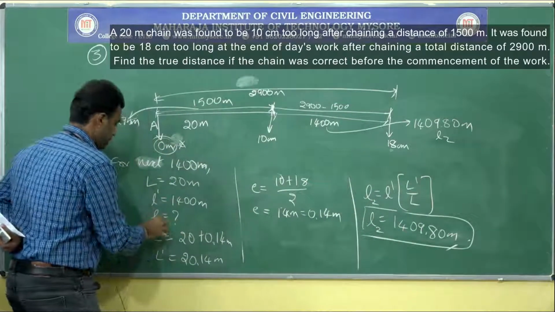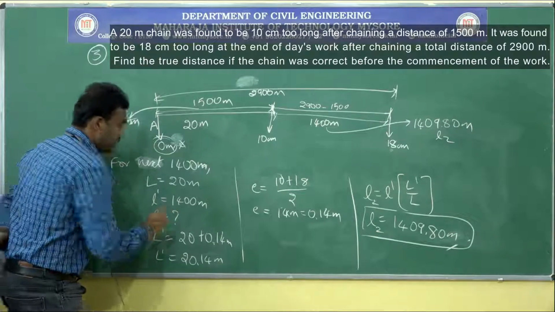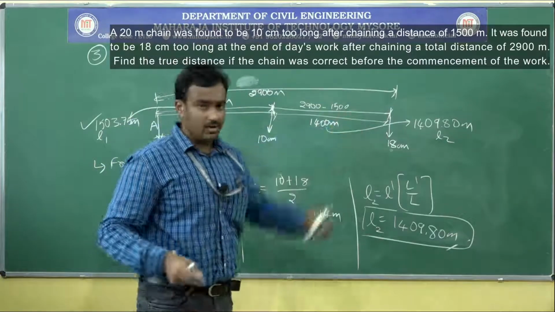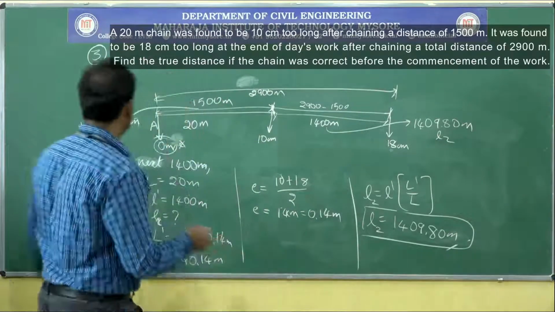Earlier it was L1, now it is L2. We need to find the true length of the whole survey line.